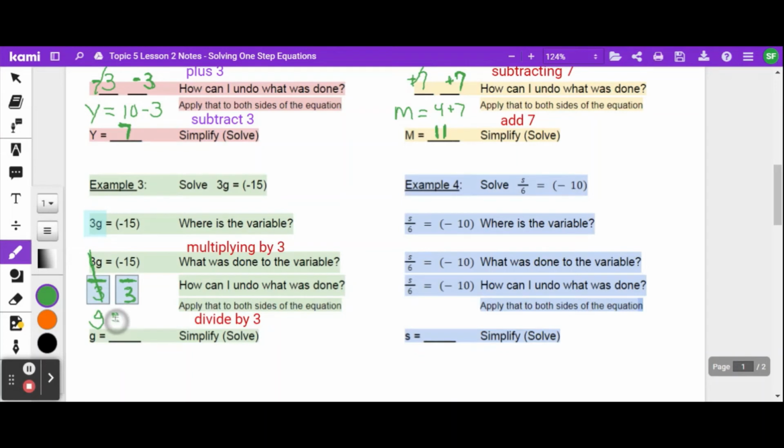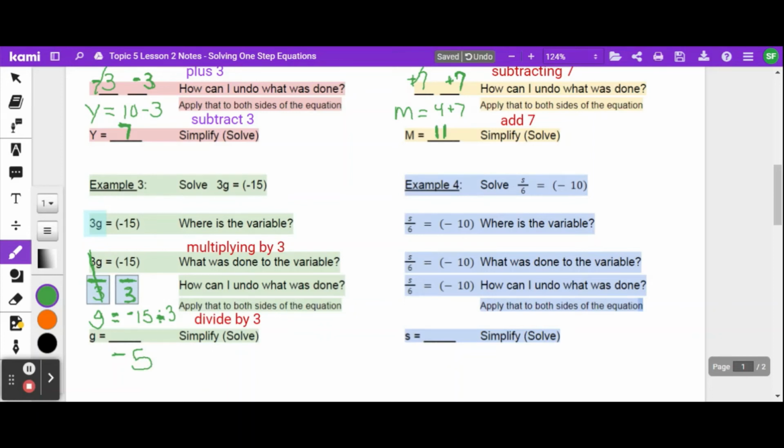And now I have a little math problem on the other side, which is negative 15 divided by 3. And we have to recall all of our rules from topic 1. A negative divided by a positive is going to give me a negative answer. And I know that 15 divided by 3 is 5. So negative 15 divided by 3 has a value of negative 5.